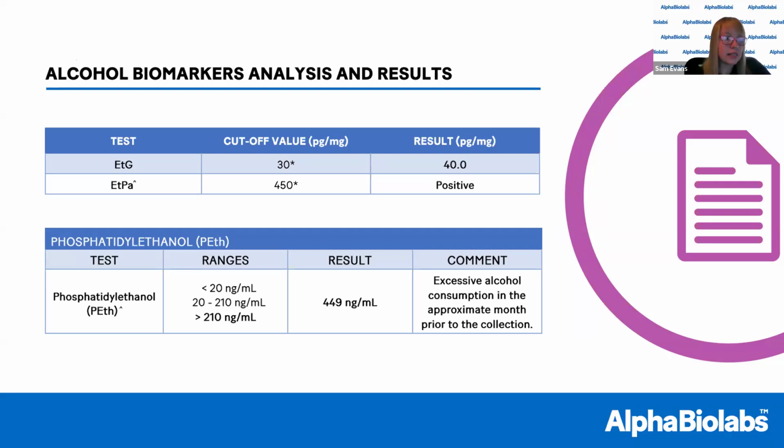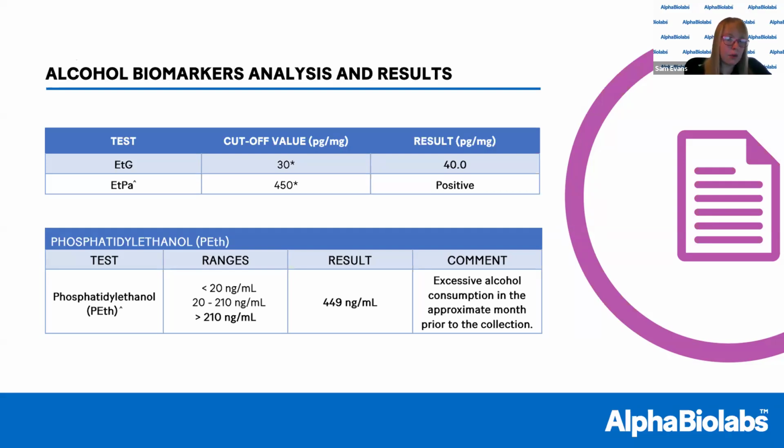So for further testing and clarity in this case, we advised monthly PEth testing. We advised a potential SCRAM monitor for real-time tracking, and optional repeat hair testing for updated analysis windows, so as to exclude the binge drinking holiday events, essentially. But the overall interpretation in this case is that there had been sustained chronic and excessive alcohol consumption within the time period investigated, and it was inconsistent with the disclosed moderate intake.